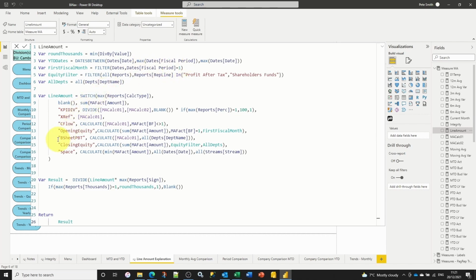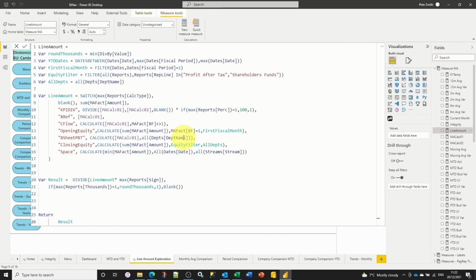Balance sheet PBT is again a calculation of MA Calc 1, which should be cross-referencing the PBT that we saw in the visual a second ago, and it's going to look at that by looking at all the departments that we're looking at.